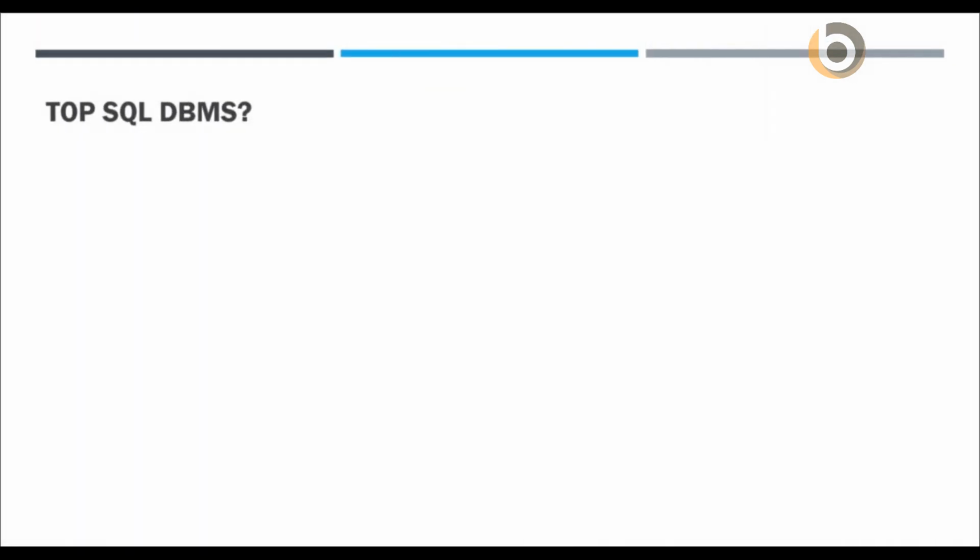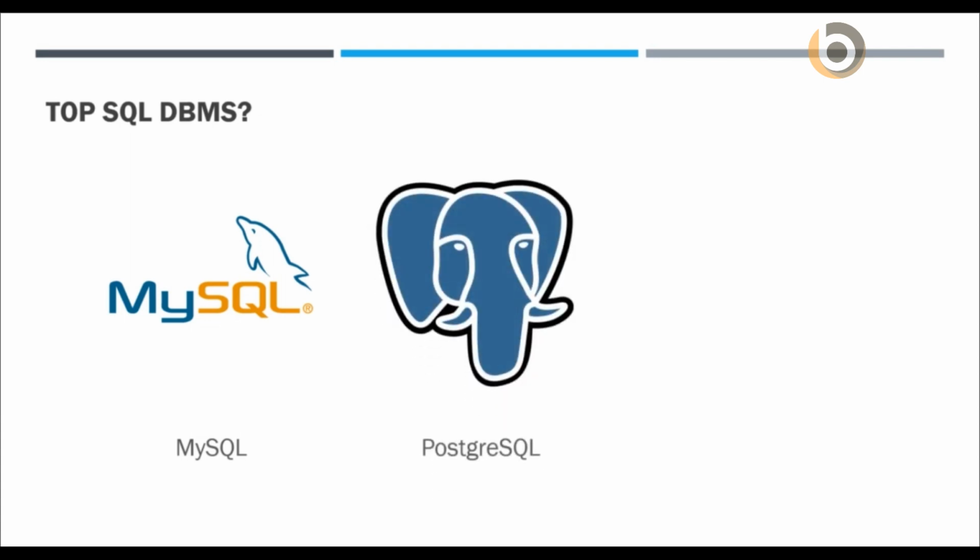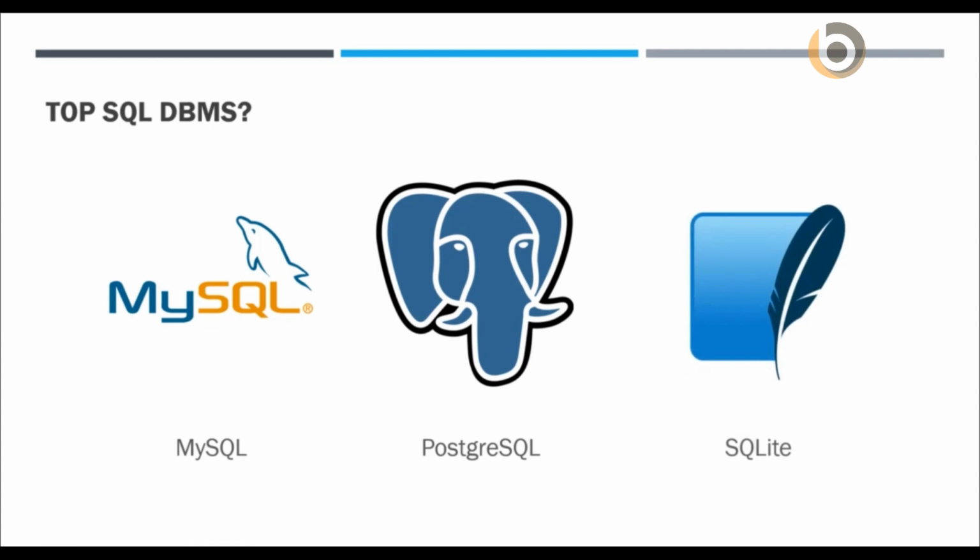What are some of the top SQL database management systems on the market today? We have MySQL, which is an RDBMS that is extremely popular. We have PostgreSQL, another database that you really cannot go wrong with in a production environment. And lastly, we have SQLite, the most popular development database management system.